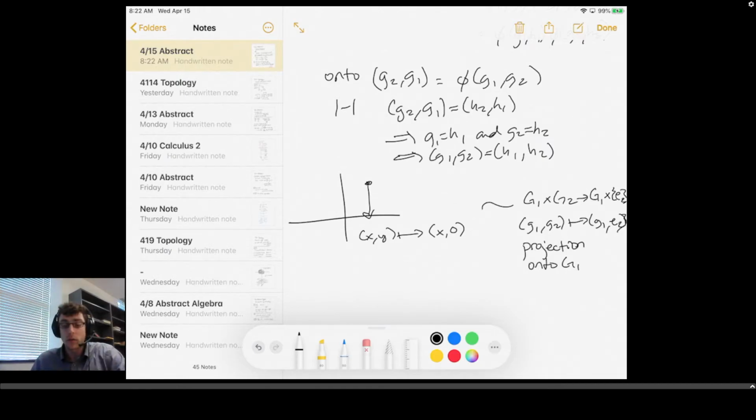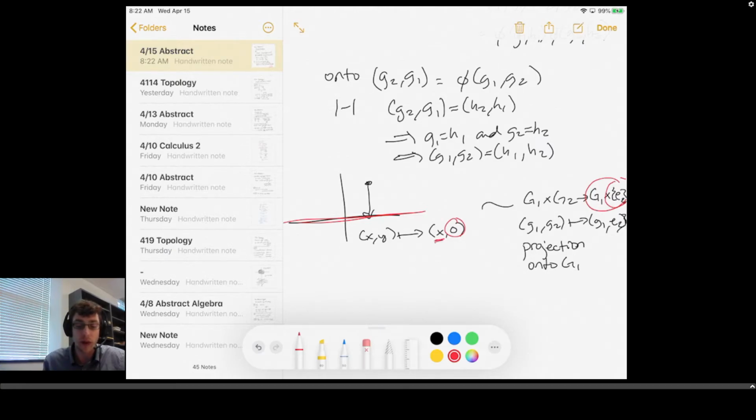Now, kind of. It depends on whether, with projection, you can either think of it as completely eradicating this coordinate, in which case you just send it to the element g1 and you don't send it to (g1, e2). Then it's not going to be an isomorphism anymore; it's just going to be an onto map. So the key is that these are the same, right? Whether you keep track of that last coordinate or not doesn't really matter. The identity would be there for all things along this, so you don't really need that piece of information, you just kind of know it's the identity.